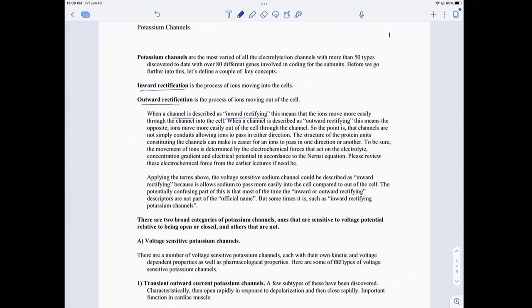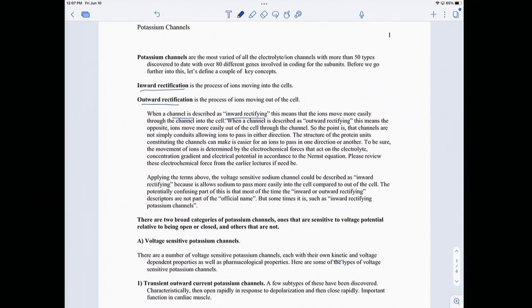This brings up another concept: it's probably not that useful to think of a channel as just some simple conduit where particles flow freely in and out. The nature of a pore is complex, and the configuration of the pore can be such that it is easier for an electrolyte or an ion to move into the cell compared to out of the cell.